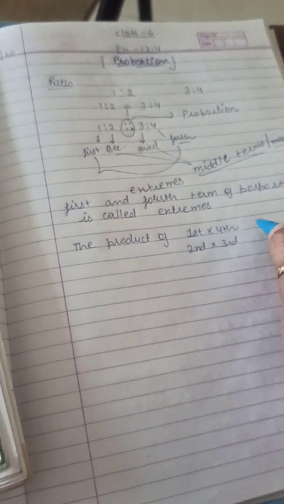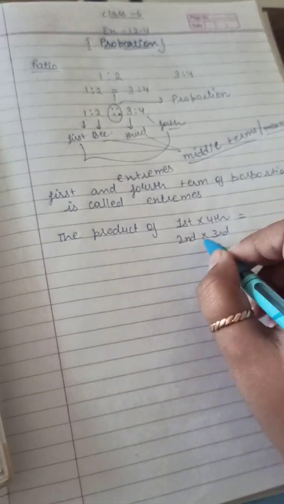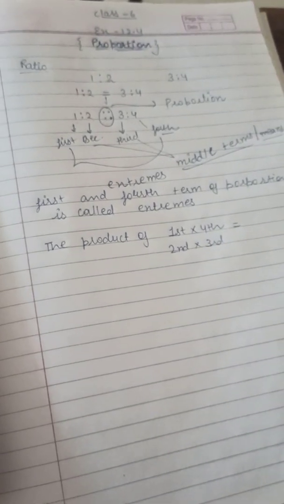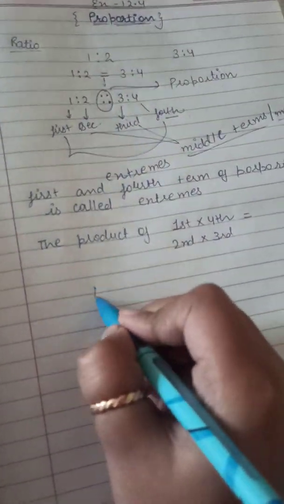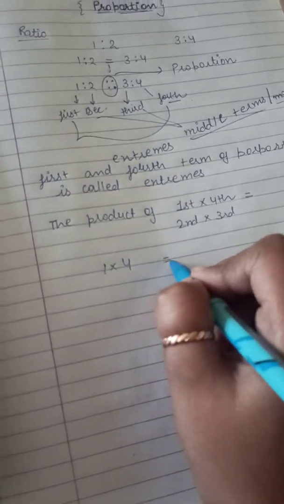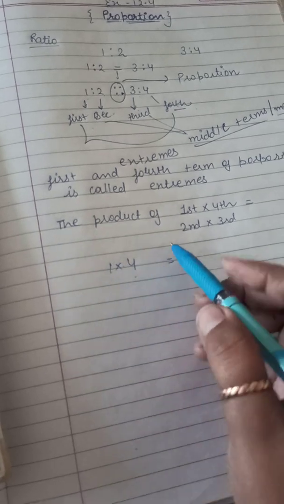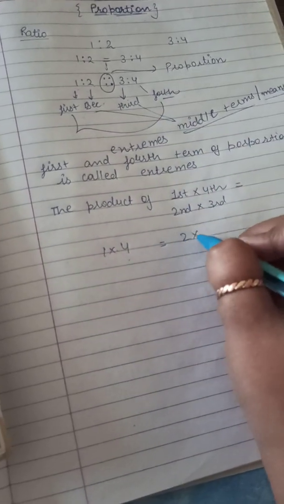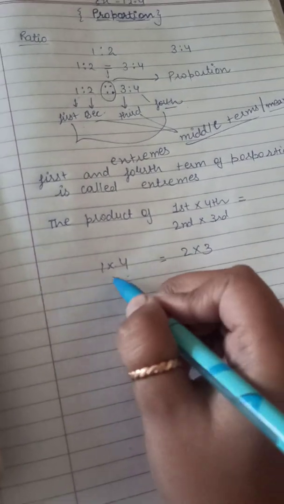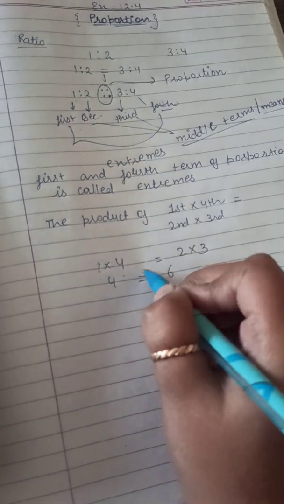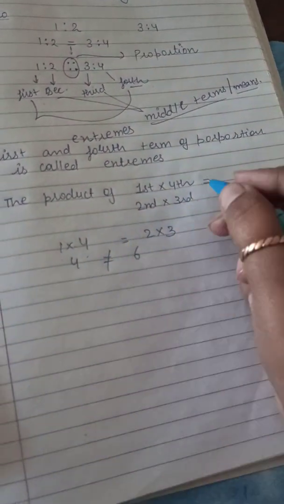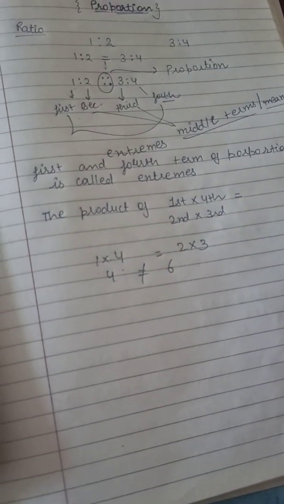If the products are equal, then it means the ratios are in proportion. Like here, 1:4, 1 multiply 4, first and fourth term, and second and third, 2 multiply 3. Here 4 comes and here 6. It means these ratios are not in proportion. Right?